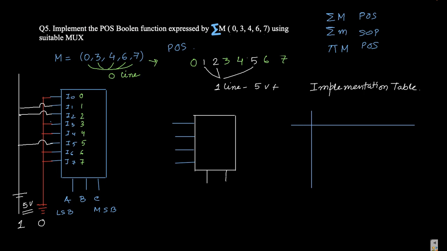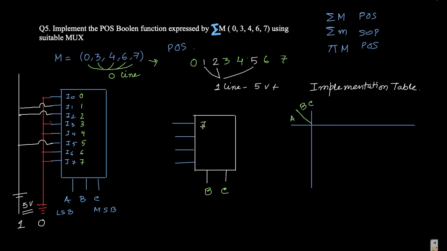Now draw this as A and this as BC. So these are the B and C, and you see that B and C are taken as the select lines.